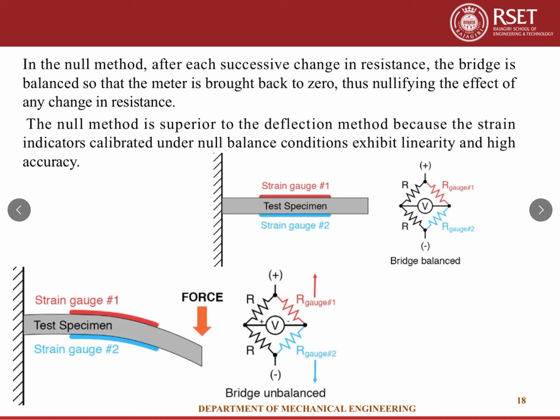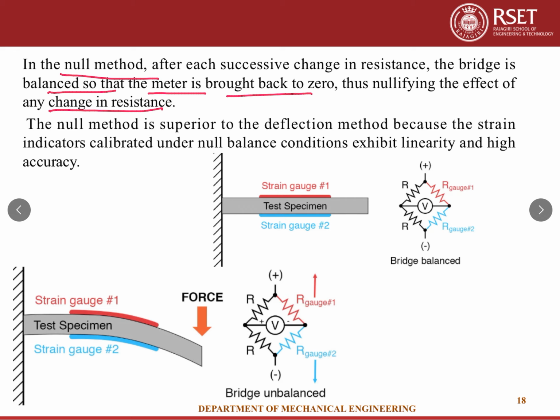So another type is the null method. After each successive change in resistance, the bridge is balanced so that the meter is brought back to zero, thus nullifying the effect of the change in resistance, and that is used for measurement of the strain.